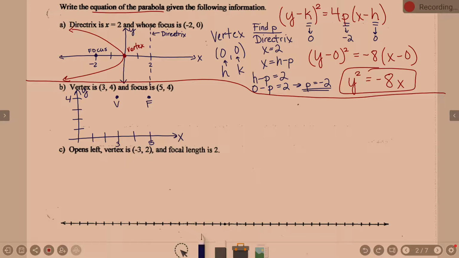You'll notice I labeled V on vertex, F on focus, because otherwise I don't know which is which. If my vertex and my focus are next to each other sideways, what's that say about my parabola? It has to open left or right, doesn't it? And which way does it open, specifically? To the right, because the parabola goes toward the focus, so my focus is inside my parabola.